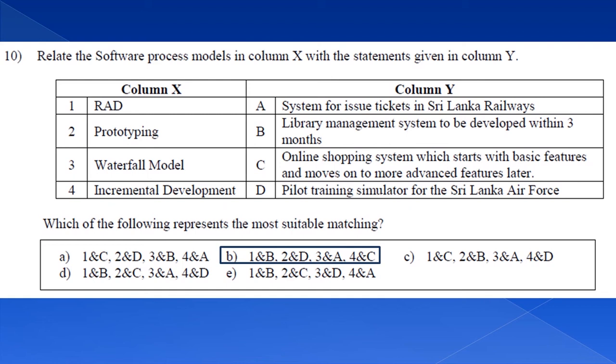So that is increasing. You first deliver something and then keep increasing it until the whole system becomes a good functioning shopping system. For the incremental development model, you can watch the second video.